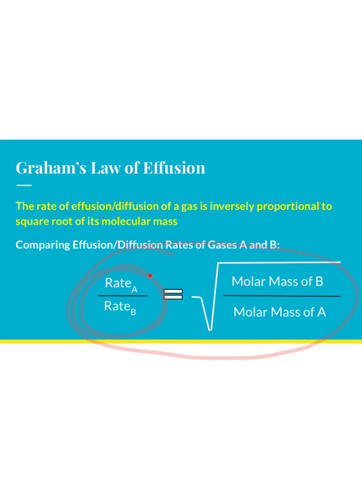So the ratio between the two is equal to the square root of the molar mass of the second gas divided by the molar mass of the first gas. Make sure that we focus on this: rate A is on top, molar mass of A is on bottom. Rate B is on bottom, molar mass of B is on top.